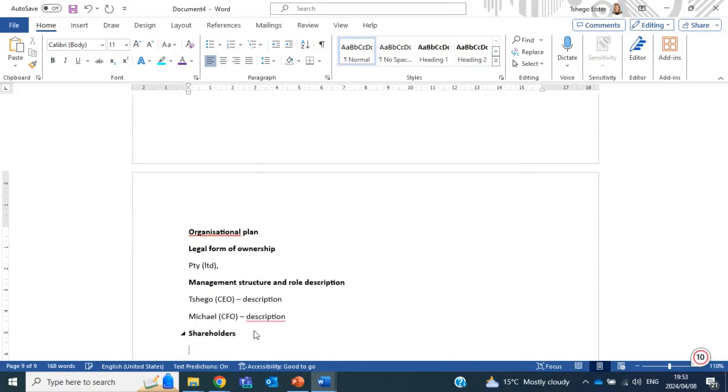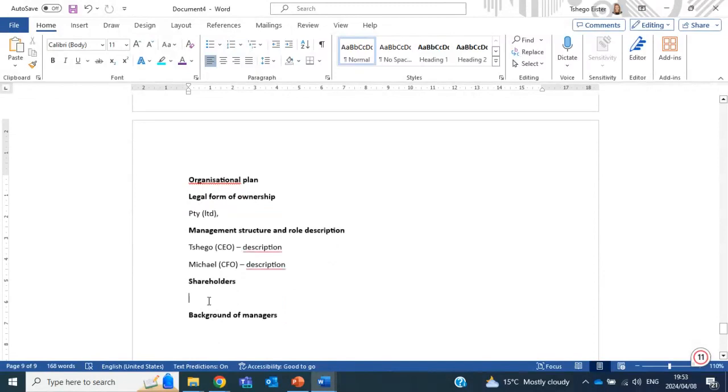And then the shareholders. We all know that with ownership, PTY LTD depends on whether a company is public or not. If it's a private company, you'll be able to disclose who your shareholders are.